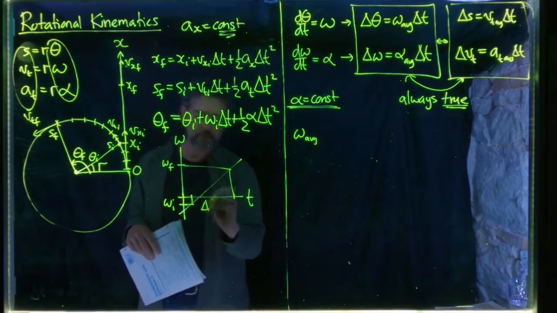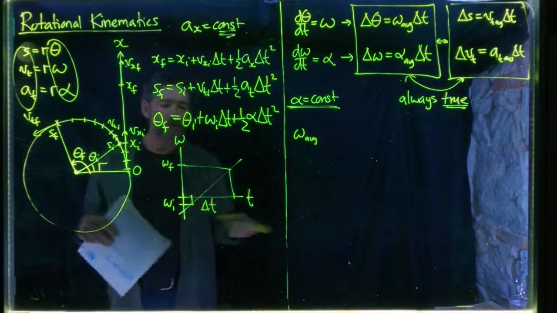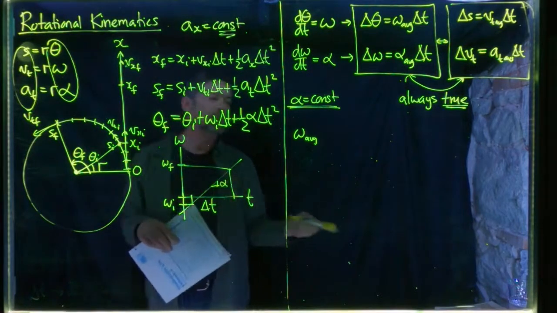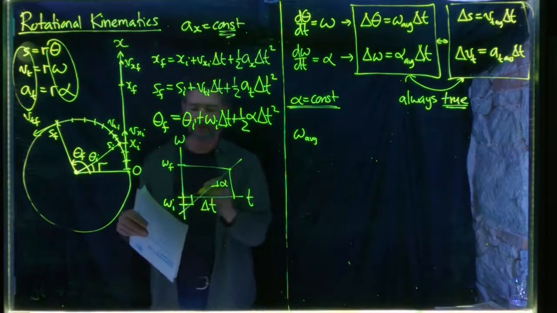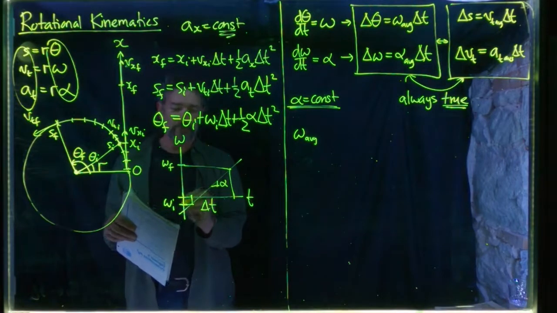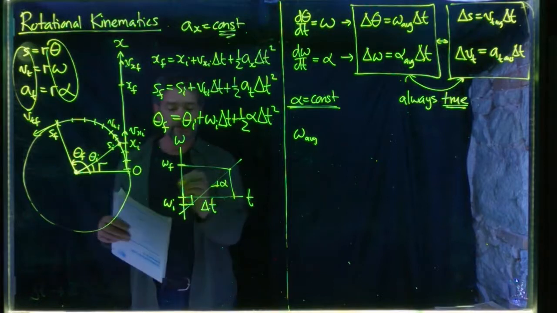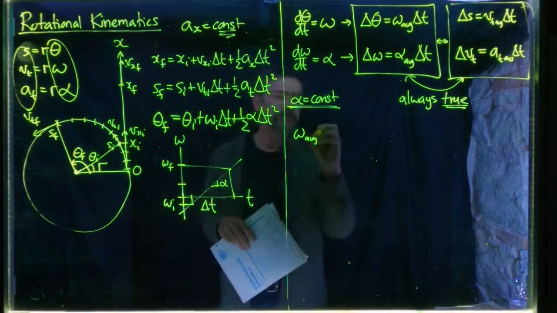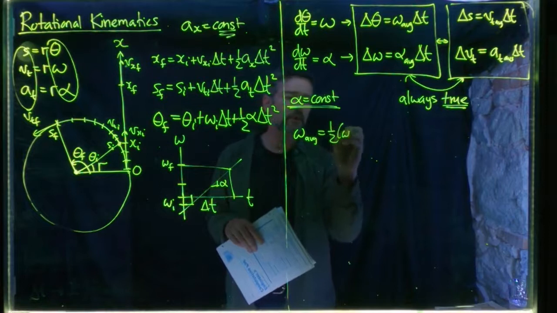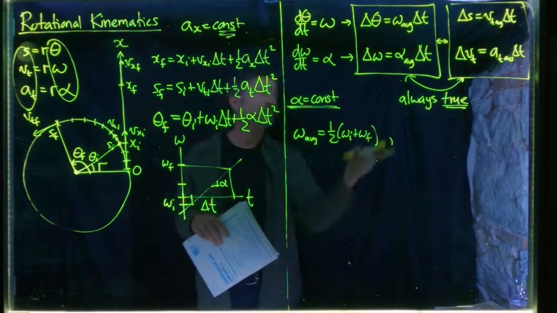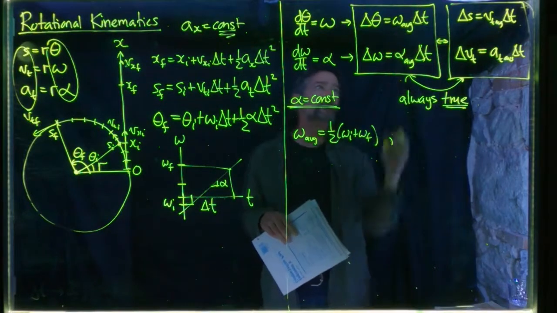And here's the time interval delta t. And so the rate at which omega is changing is just this constant slope alpha. So then omega average, it started off with this omega initial, it ended up with this omega final, the average is just halfway in between. And so that's just equal to 1/2 omega initial plus omega final.